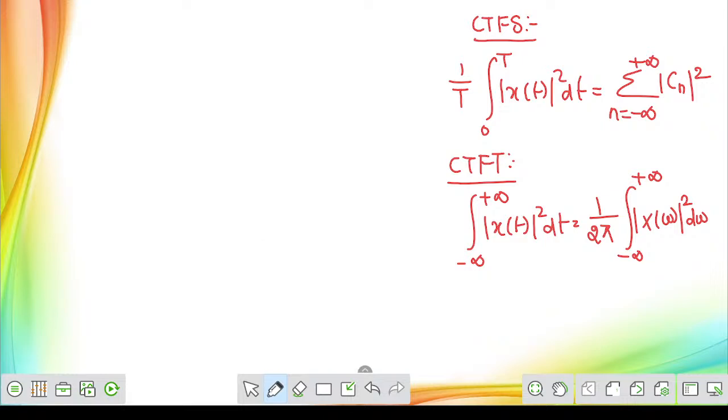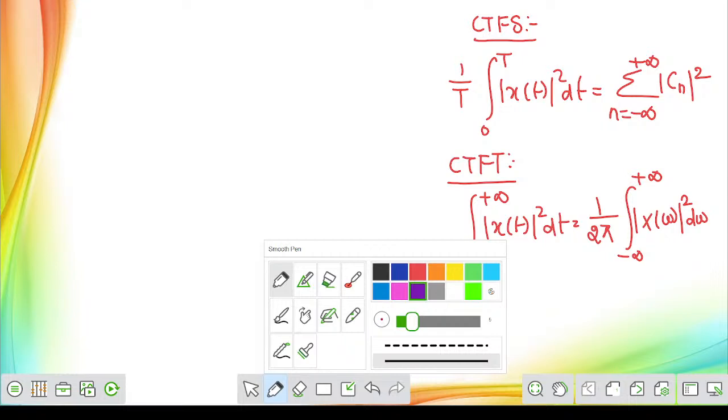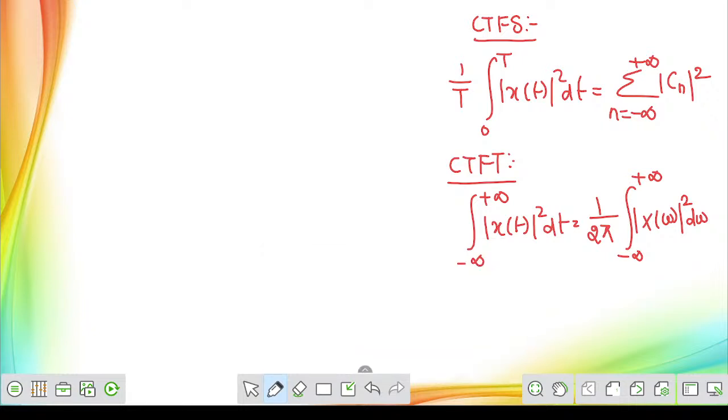Now, as we are entering into the discrete time Fourier transform, what will be the formula for Parseval theorem? So let me write down. In Parseval theorem, we are in discrete domain, so I cannot use integration in time domain, but in frequency domain we can. Summation n running from minus infinity to plus infinity mod of x of n whole square will be equal to, this is periodic signal.